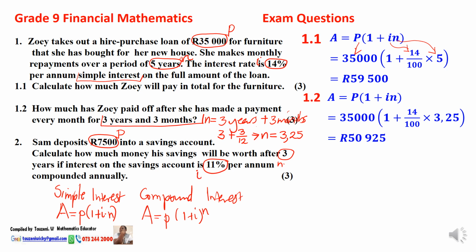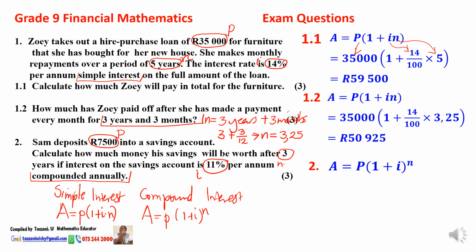The type of interest mentioned will tell you which formula to apply. So the interest is compounded. Compounded means compound interest. Therefore, we need the formula for compound interest. So for number 2, I write down my formula, then I substitute.